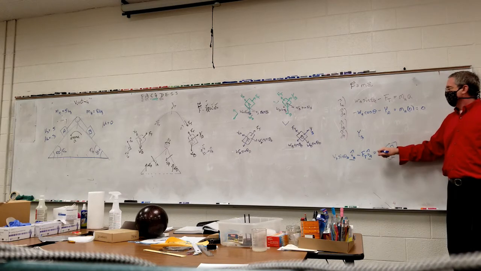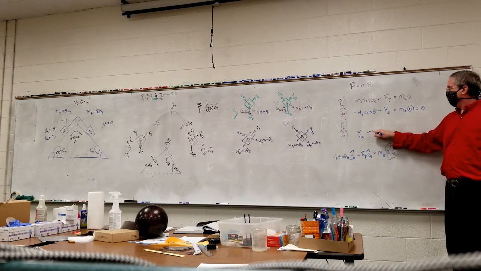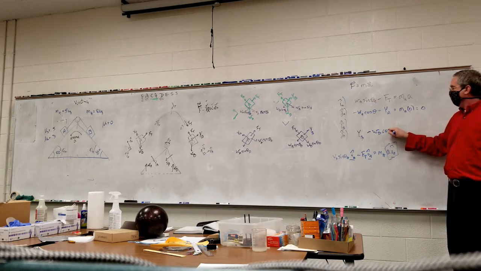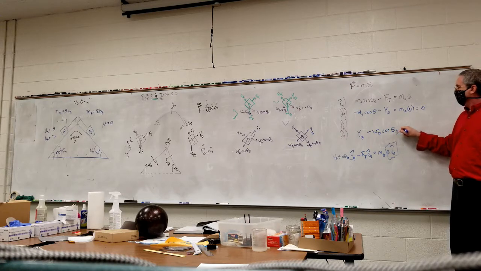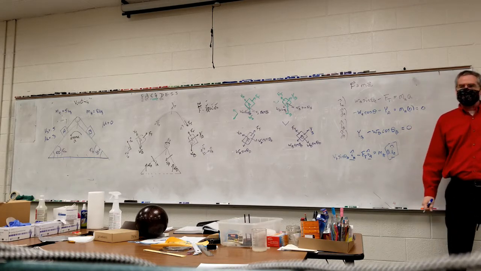All right, YB minus WB cosine theta B equal to 0. Yep, all right. Three down, one to go.